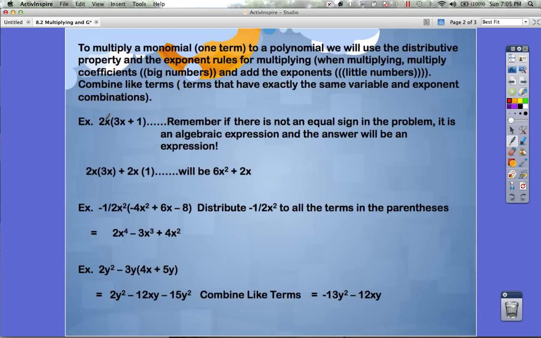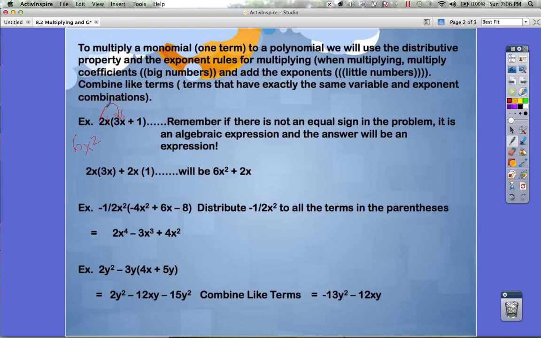So we're going to multiply and distribute 2x times (3x + 1), and we write it this way, or like I said before, you don't have to write out every single step, but you should at least write down some of these things and show me some work. So 2x times 3x will give you 2 times 3 is 6. x^1 plus x^1 is x squared.